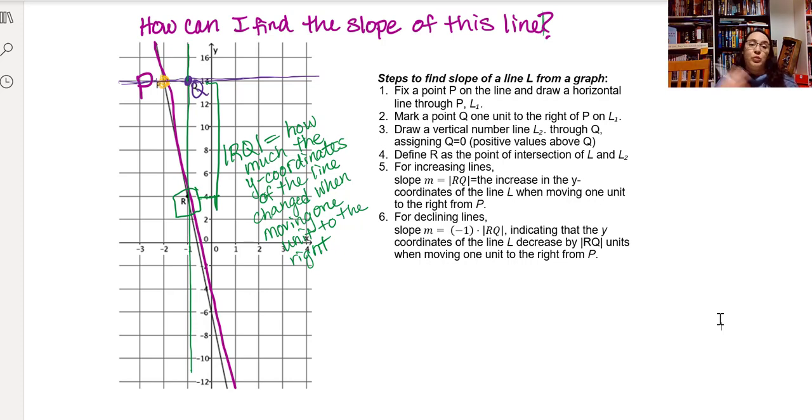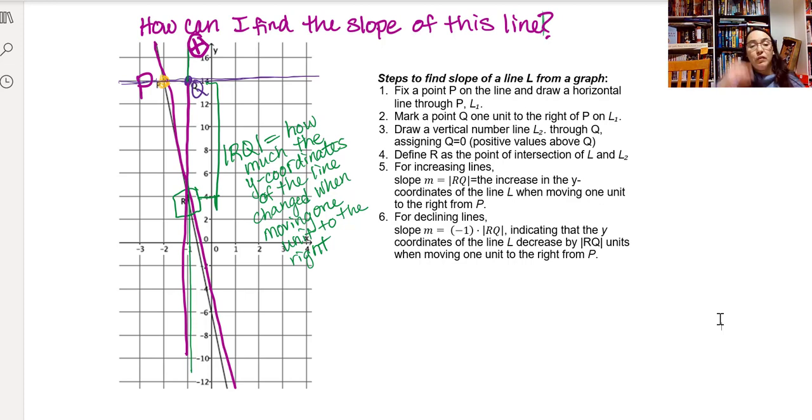In order for us to represent that, we're going to use the fact that we assigned a number line to that vertical line through Q. And if you'll recall, we said that we wanted positive values of that number line to happen above Q and negative numbers to happen below.